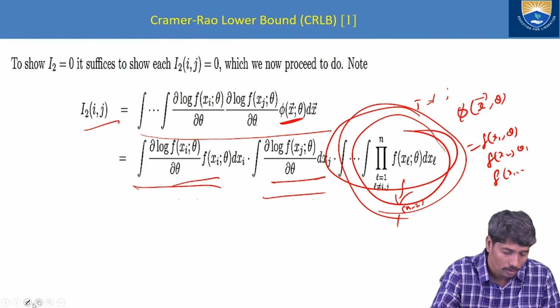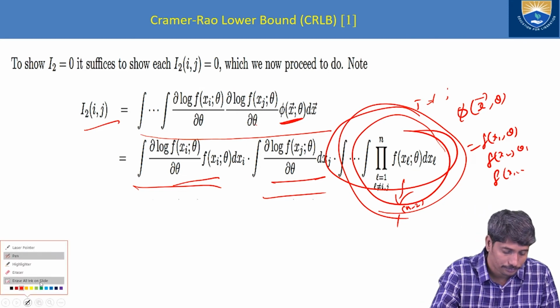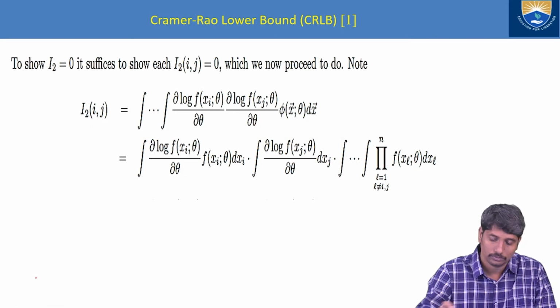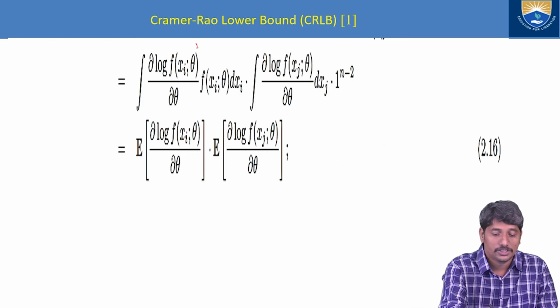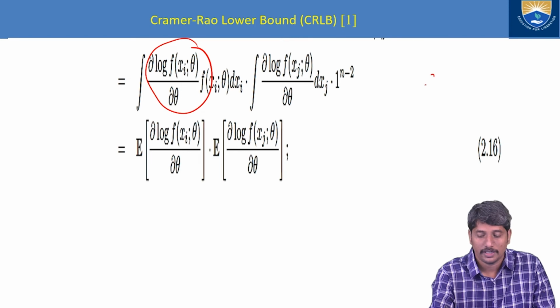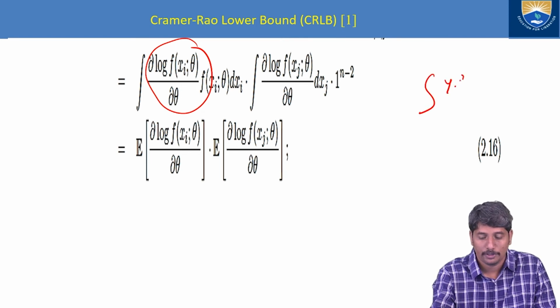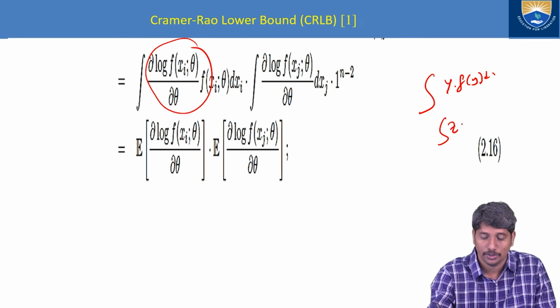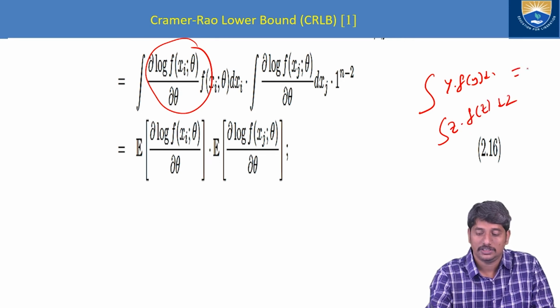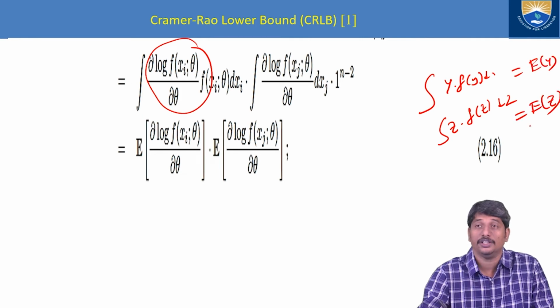Now just look at this. It looks like y into f(y) dy, and it looks like z into f(z) dz. So you know that this is the expectation of y, and that this is the expectation of z.